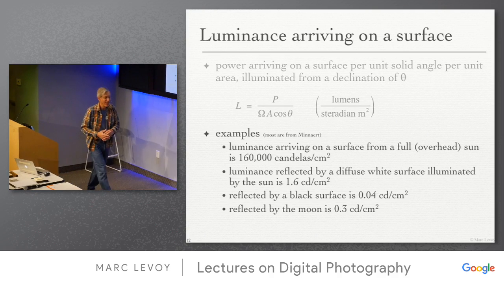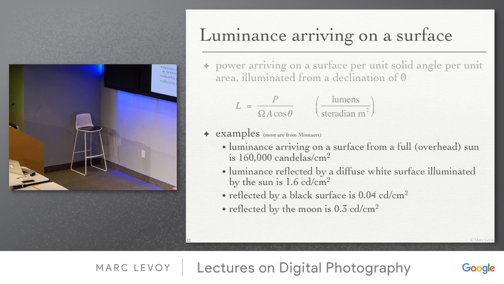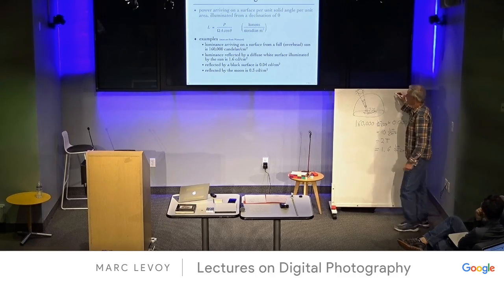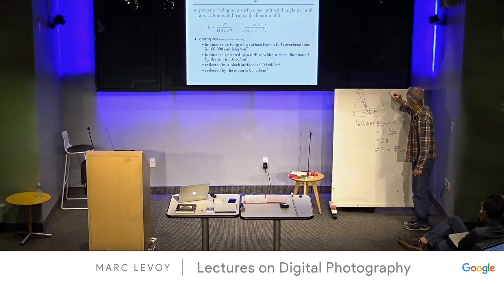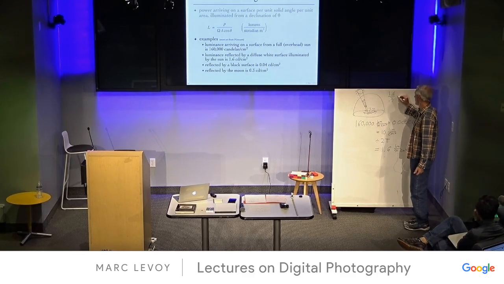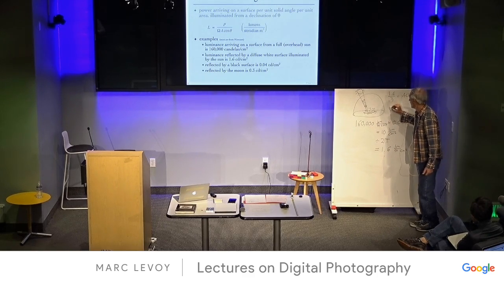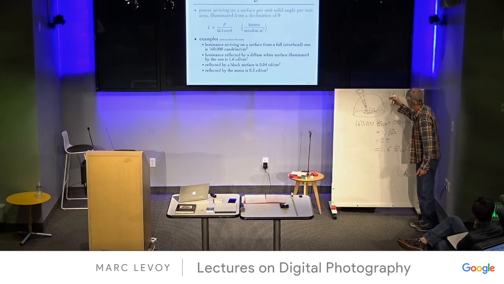See, so you can kind of work that out, right? So if it's 1.6 over 0.3, that is about 40 to 1. And let's do it, 1.6 over 0.04.